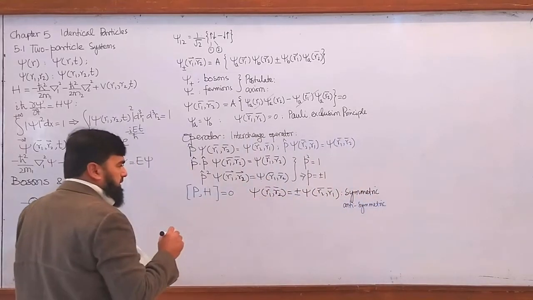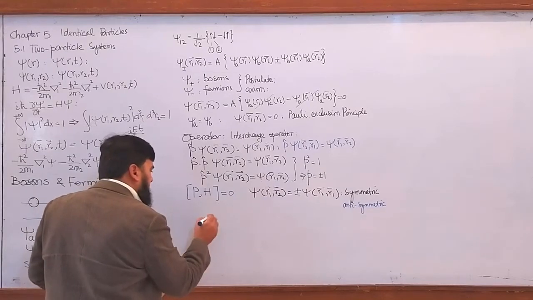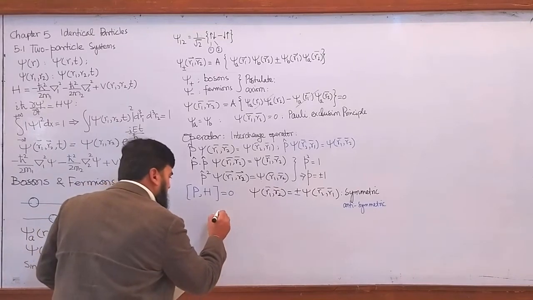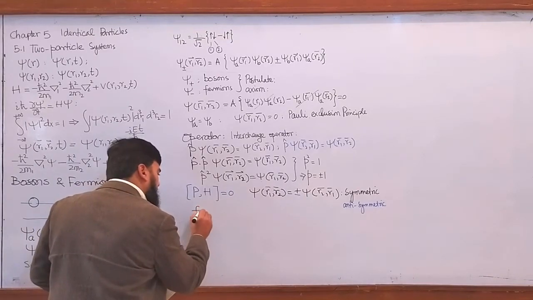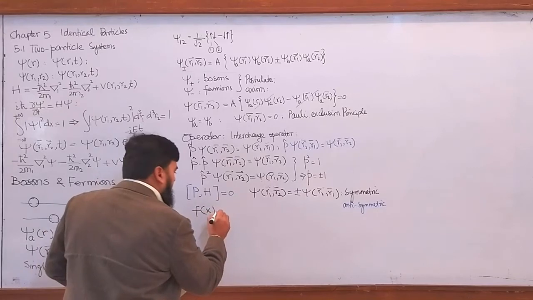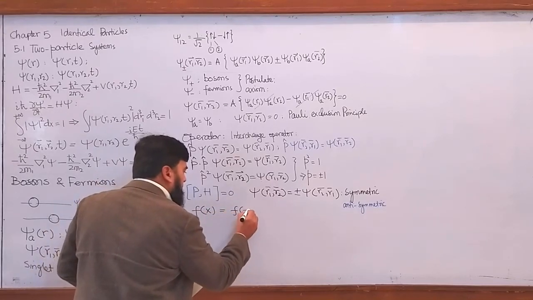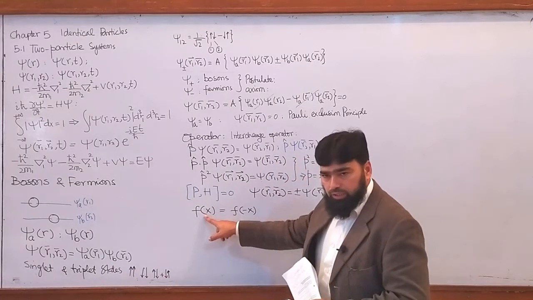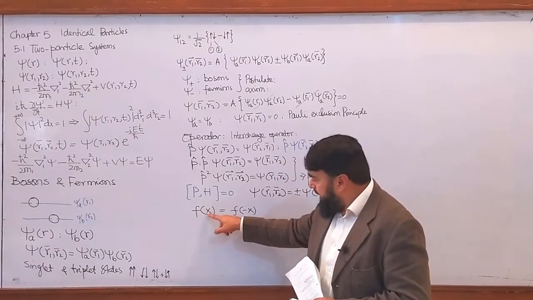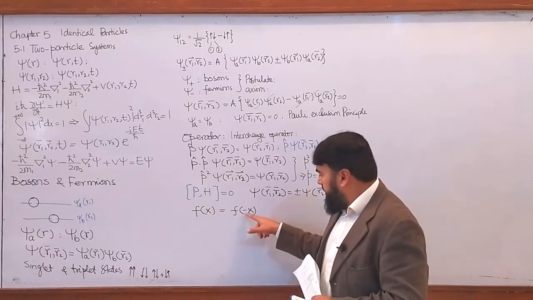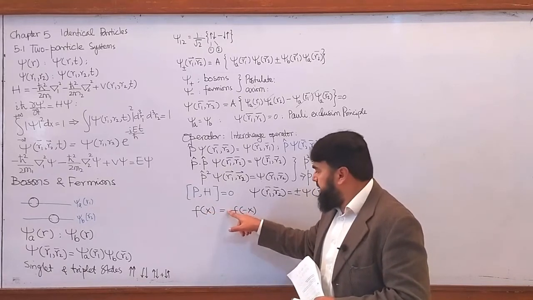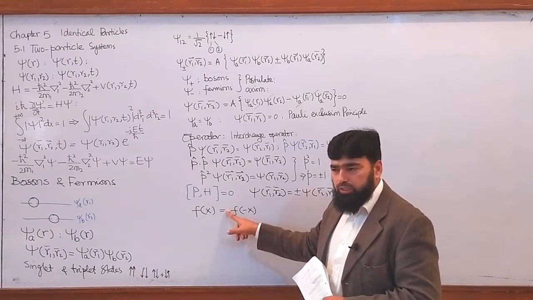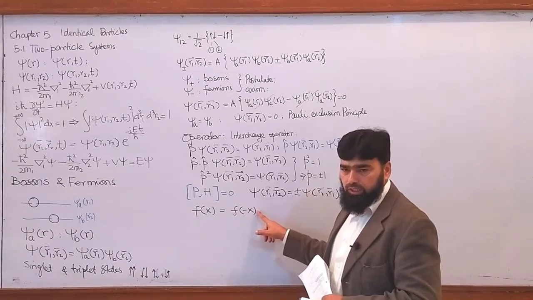So I can say for the symmetric, let's say when f of x is replaced by f of minus x, you replace the domain of the function with minus x, and the sign remains plus, then you call it a symmetric function.